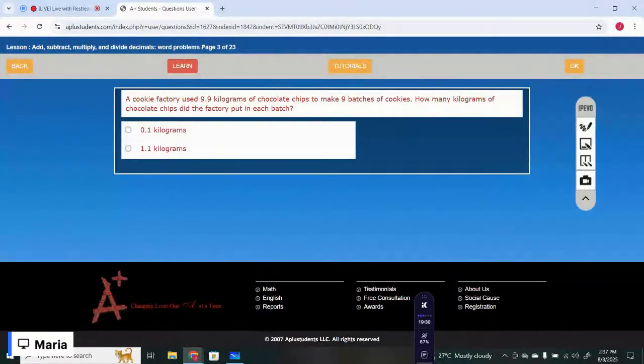A cookie factory used 9.9 kilograms of chocolate chips to make 9 batches of cookies. How many kilograms of chocolate chips did the factory put in each batch?